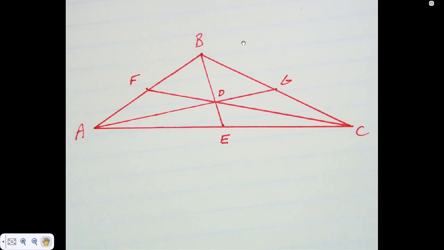Now, how else could I do that? If this is x, this is 2x. So isn't x plus 2x equal the whole thing, which is 21? So 3x equals 21. Divide by 3, and it's broken into parts of 7.